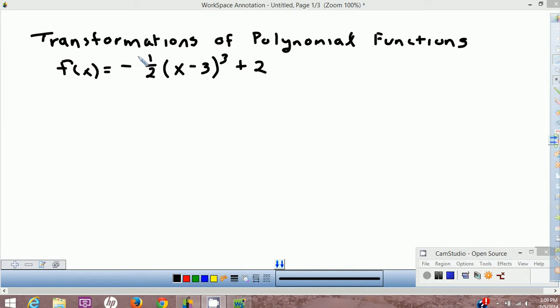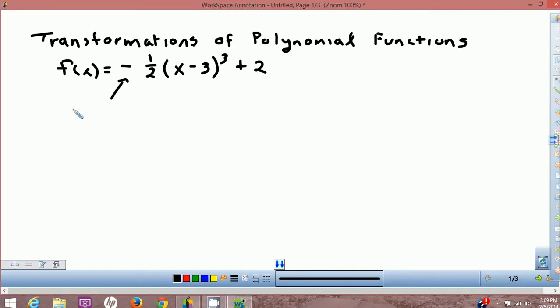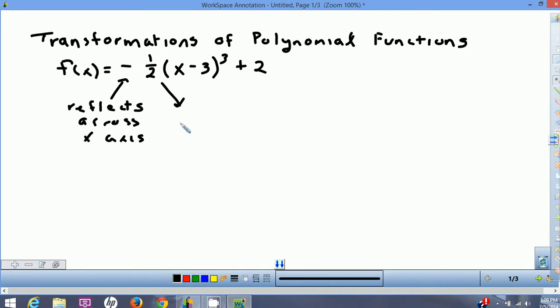Which means if you see a polynomial written like this, the negative in the front tells me that this is a reflection across the x-axis. Then this coefficient right here, this 1/2, tells me that this is a vertical shrink by a factor of 1/2.